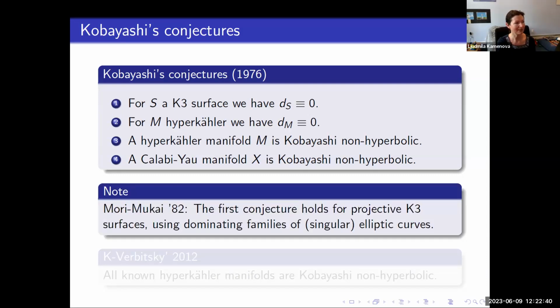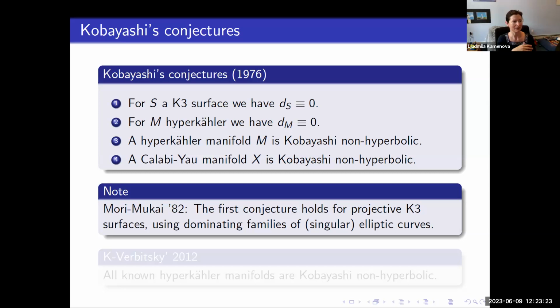So it took people a while to make progress towards these conjectures. For example, in the early 80s, Mori and Mukai proved that if you have a projective K3 surface, then it's dominated by families of elliptic curves going in different directions. And the elliptic curves are possibly singular, but that doesn't matter for the Kobayashi conjectures, because what happens is you take two general points on the K3 surface.